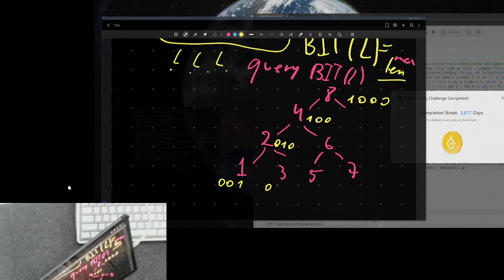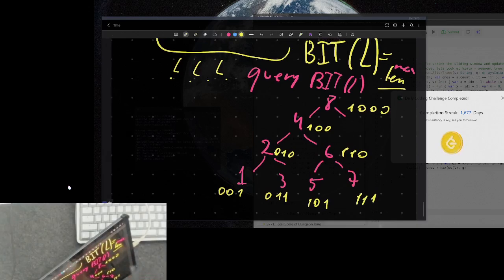This is 1, 0, 0, 1, 1. So 6 is 2 plus 4, which is 1, 1, 0. 5 is 2 plus 3, it is 1, 1, 0, 1, and 7 is three ones.